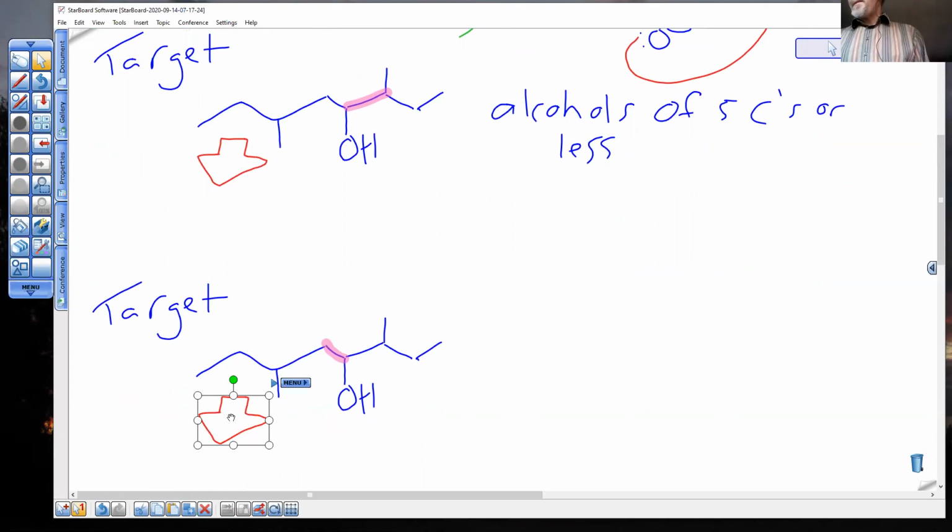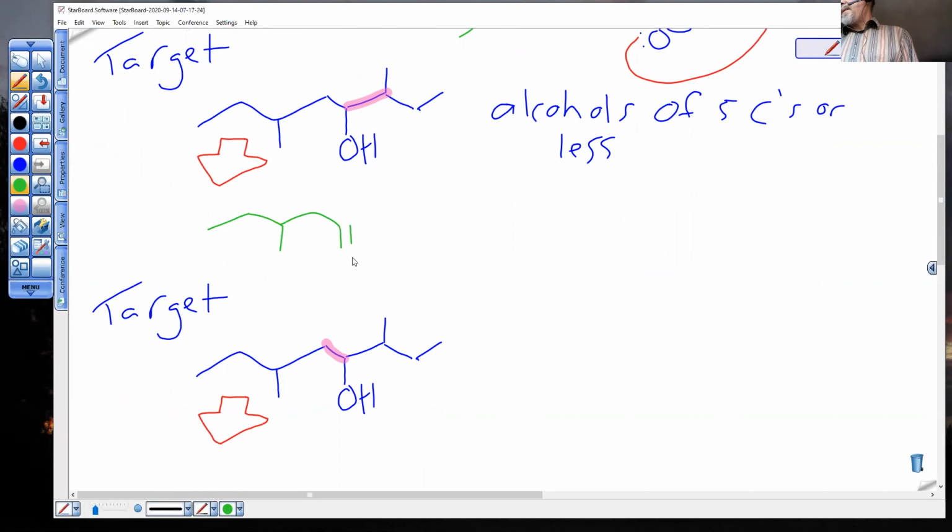The 2 pieces up here would be attack that aldehyde with this organolithium or Grignard, one or the other. They both do the same thing. I don't think I made that clear earlier. Organolithiums and Grignard reagents are interchangeable. You can use either one at any time.